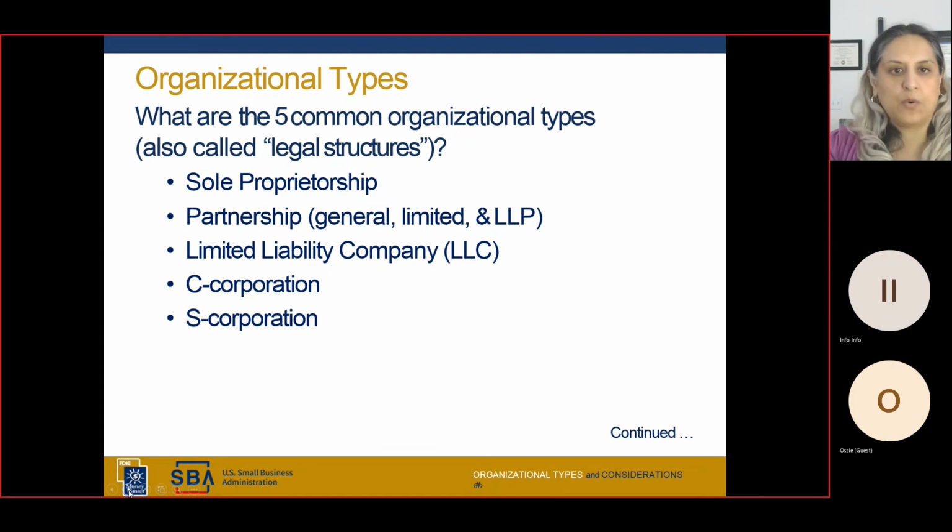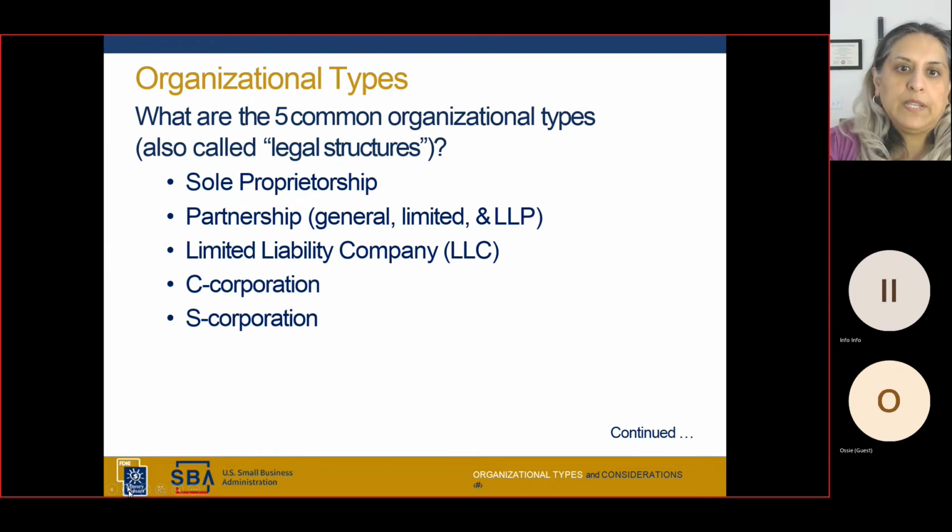Okay, so we have our organizational types. Again, there are 5 common types of organizations, also called legal structures or legal entities. Whenever you're speaking of legal entities, we want to list these 5 common ones. There's sole proprietorship, general partnership, limited partnership, and LLP, limited liability partnership.